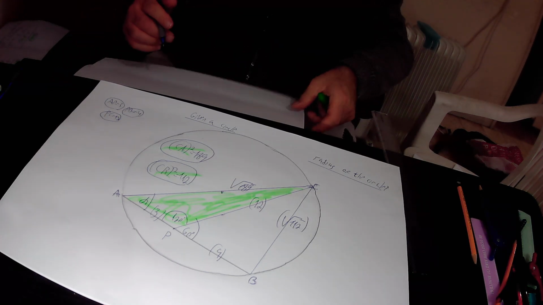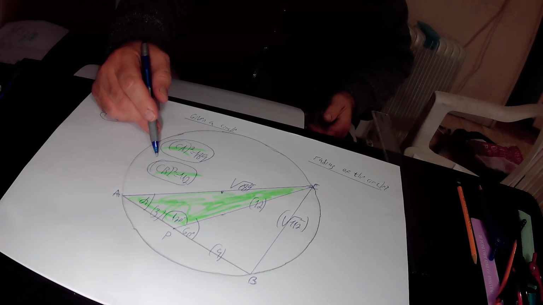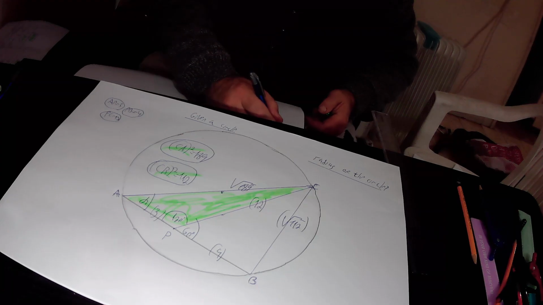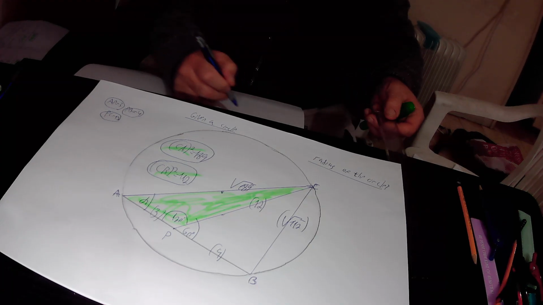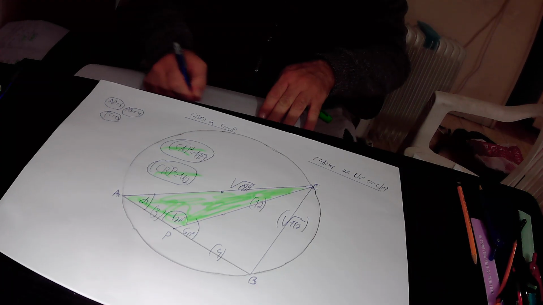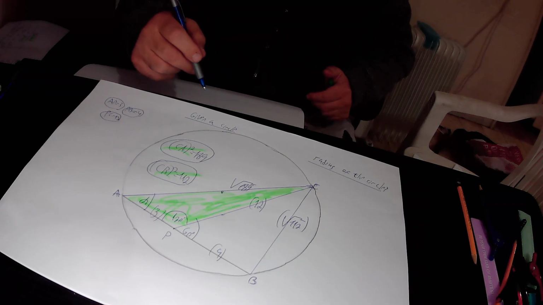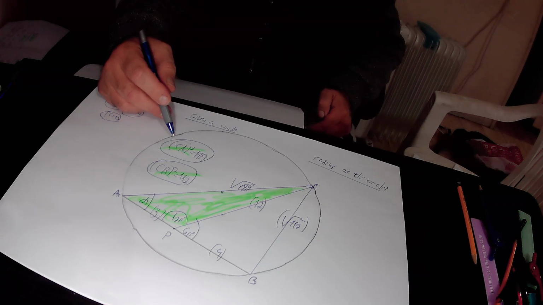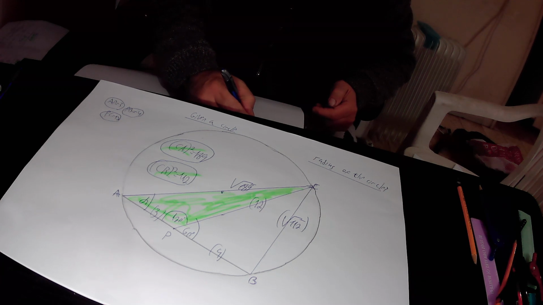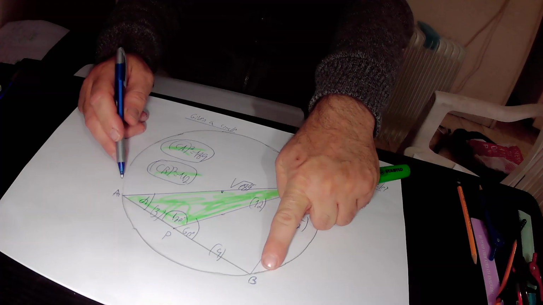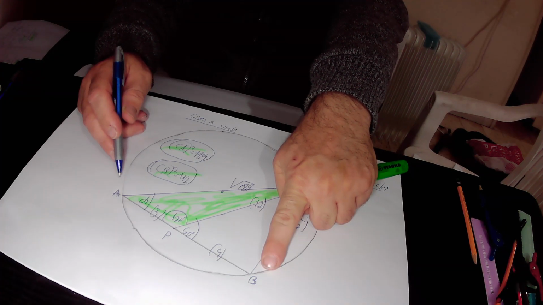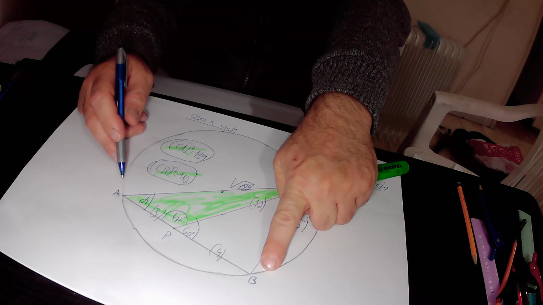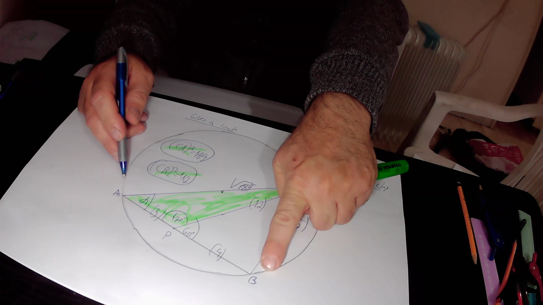We already found out that CB squared equals 112. And it equals CA squared. CA squared is 189. Plus AB squared. AB is AP, that is 3, plus PB, that is 4. So AB in total is 7. Therefore AB squared is 7 squared, that is 49.